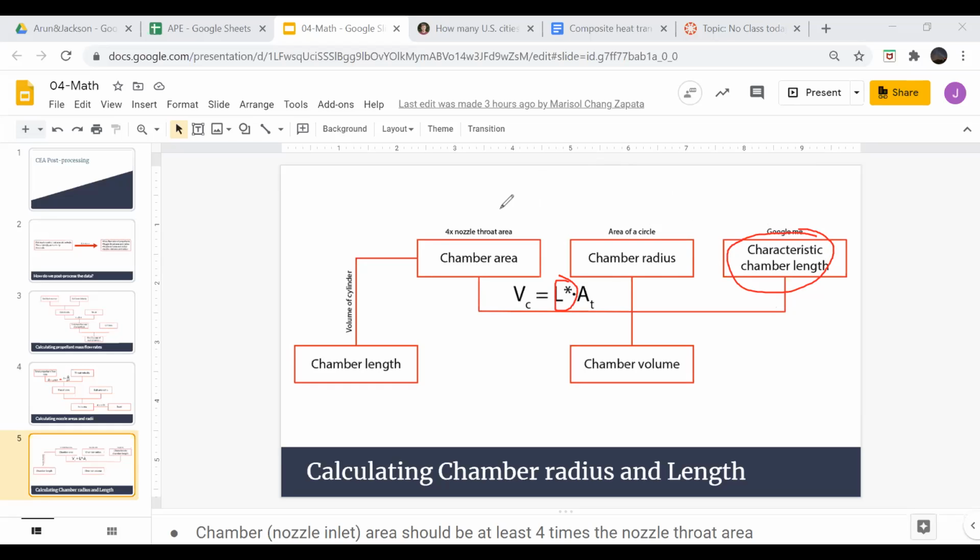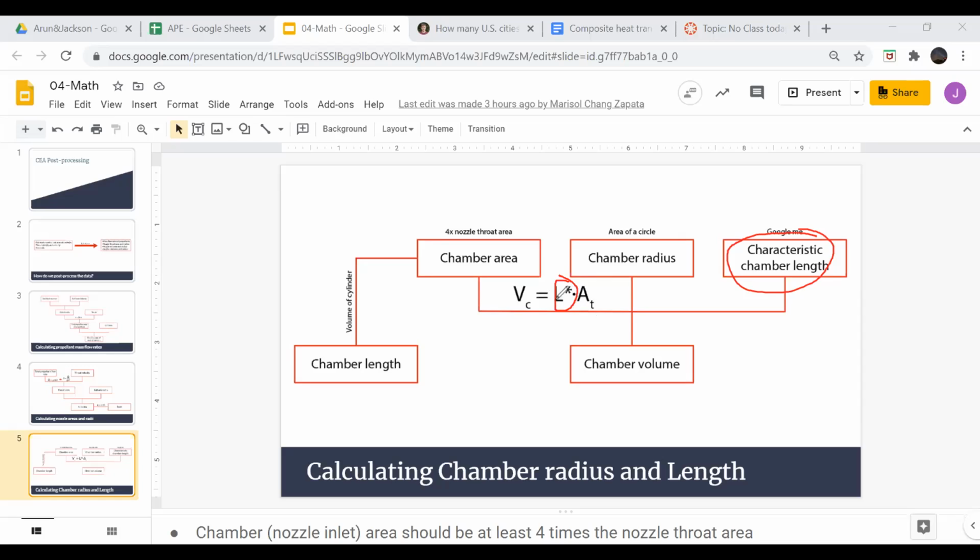I don't think I'm going to go into the exact definition of this since that seemed to confuse people over the summer, but it's a standardized way for us to tell how big of a combustion chamber we need.